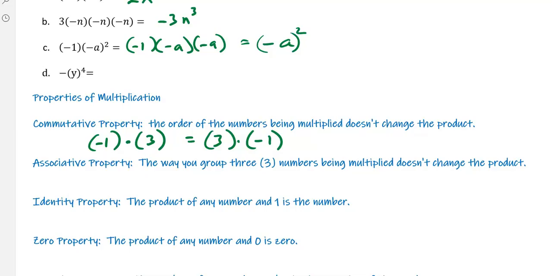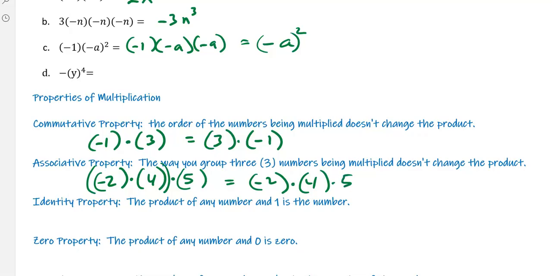The associative property says if we're multiplying 3 numbers all together, -2 times 4 times 5, we could multiply the first 2 together first, or we could do 4 times 5 first, and it won't make any difference. It won't change the answer. So in multiplication, the order doesn't matter.